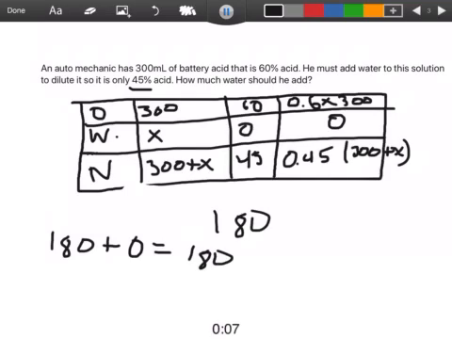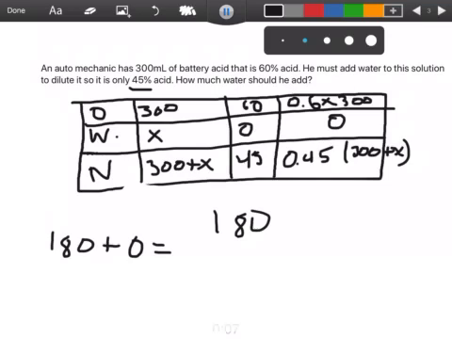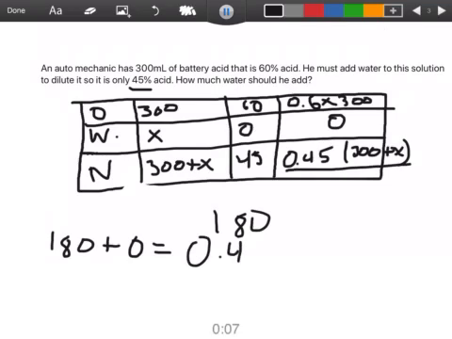Before we could multiply everything by 100, but I didn't. So we have 180 equals, and it doesn't equal 450. It actually should equal this equation: 0.45 times 300 plus x.